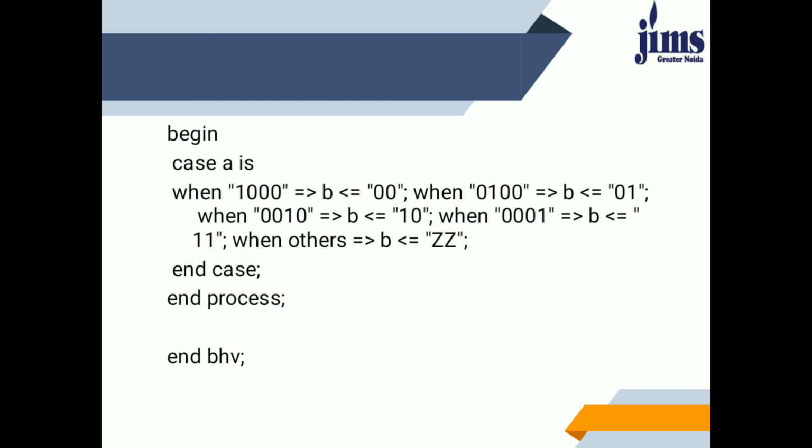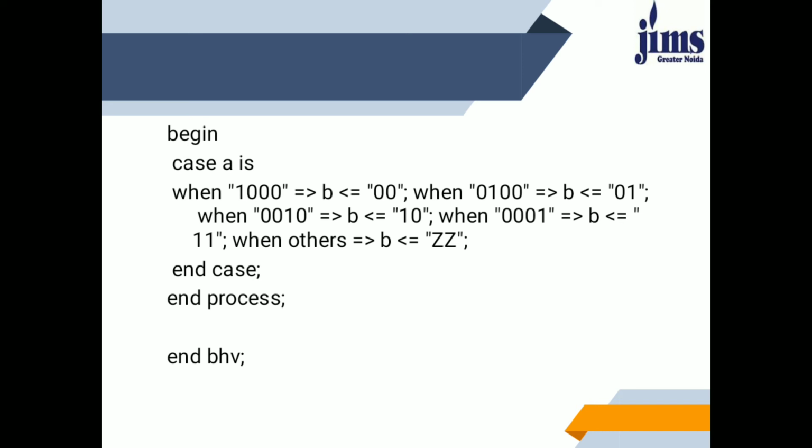Here we are not using the if statement or else statement. So we need to define the case, and on which input is the case defined? It is defined on A. So case A is, whenever A is 1000, 100, 10 or 1, the output will be changed, that means B will be changed.